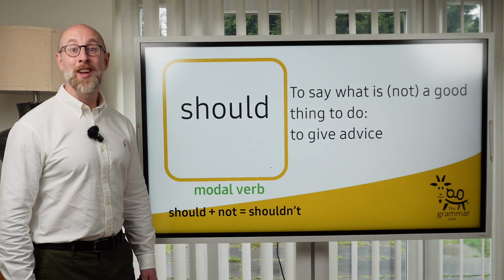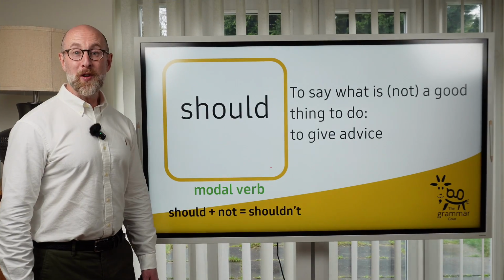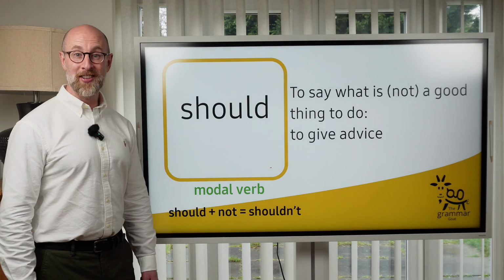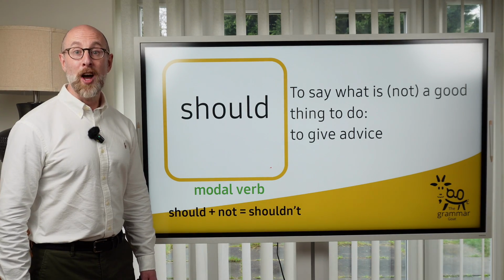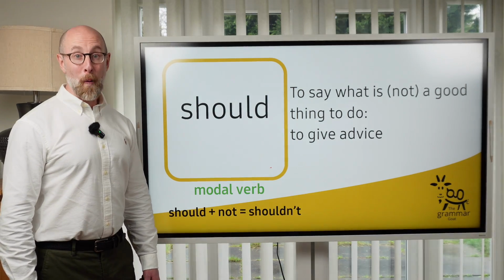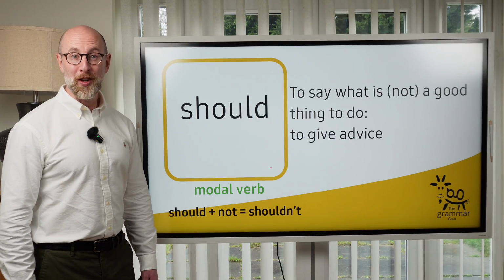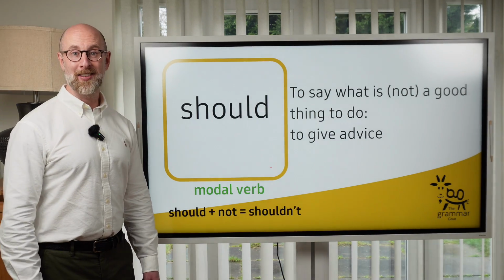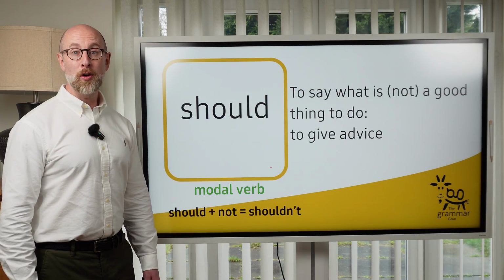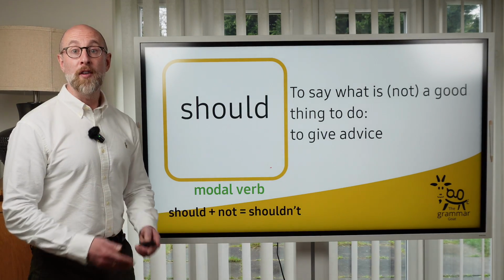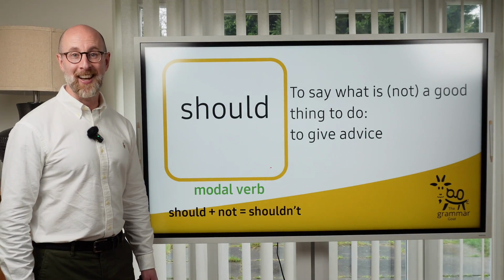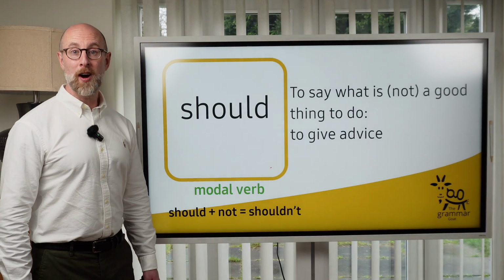Okay, let's begin. We use should in English to say that something is a good idea or not a good idea. We use should to give advice. Should belongs to a group of special verbs in English called modal verbs.